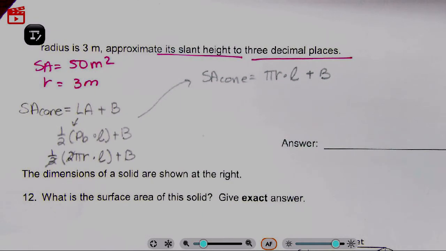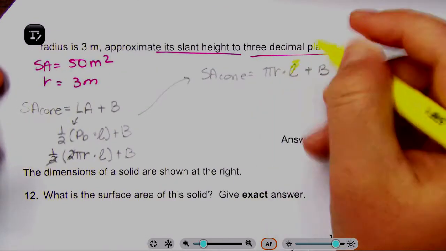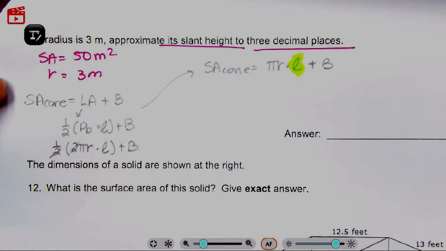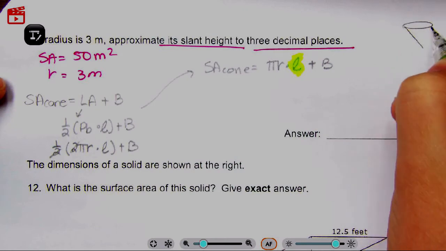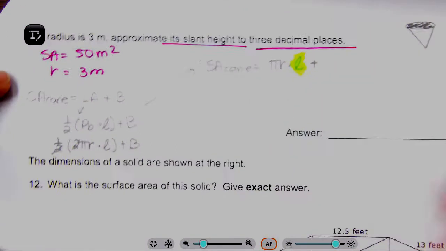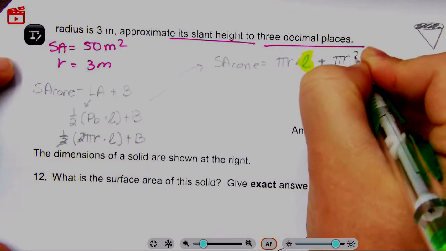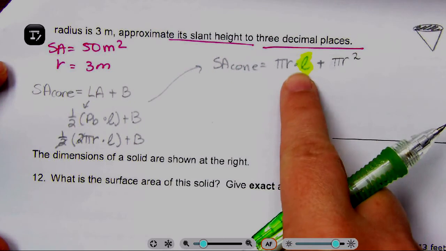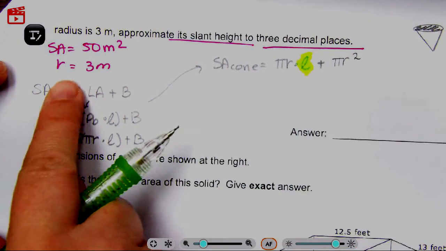Now, what do we need from there? What's the whole point of this formula? Well, we're trying to solve for my slant height. So I need to know what the area of the base is. The base is a circle, so the area of the base is pi r squared. Notice I only have one unknown, my slant height, because they give us the radius.